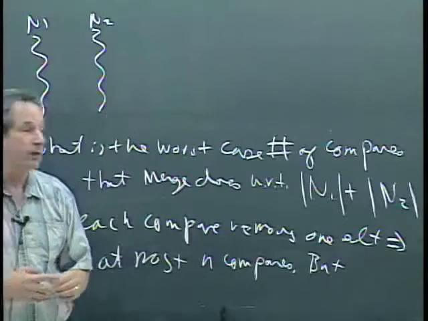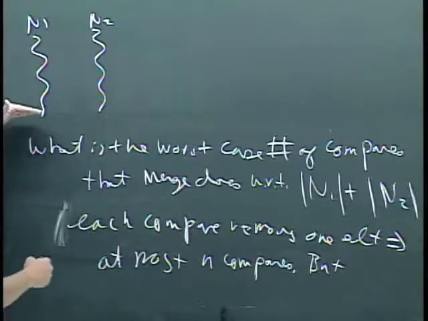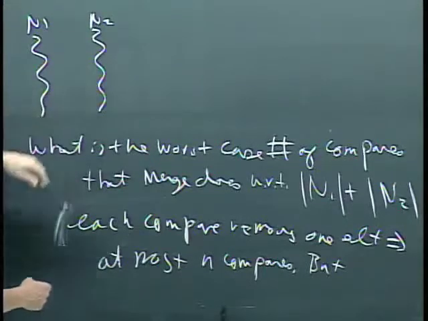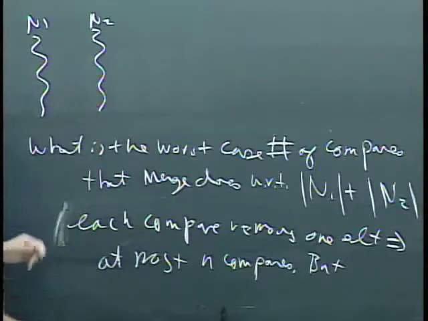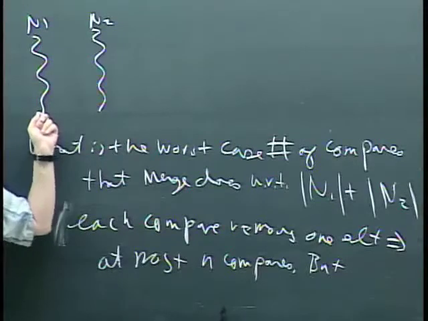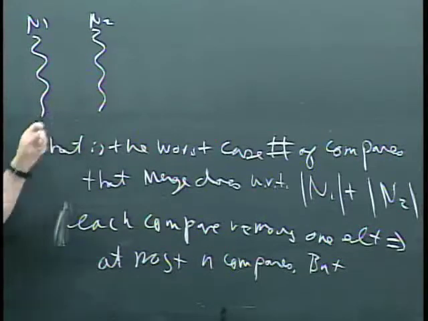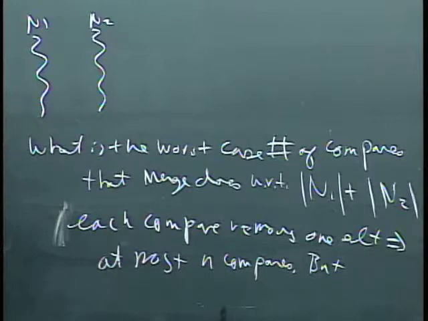At that point, when you do the last comparison, one list becomes empty and the other list still has one thing in it. Okay? So you haven't output n things yet. You've only output n minus 1 things. When that list becomes empty, you can output the remainder of that list for free.